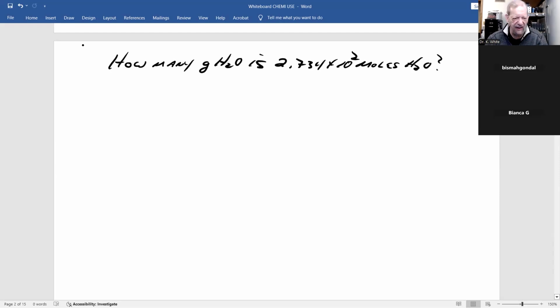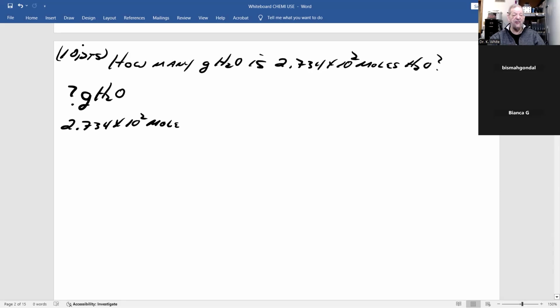As you've seen me do many times, and hopefully you've been watching the video, first thing I'm going to do is, what am I being asked to find unit-wise? And the answer is grams of water. What am I given? 2.734 times 10 squared moles of water. And this might be 10 points or 8. You see it sometime in the future.